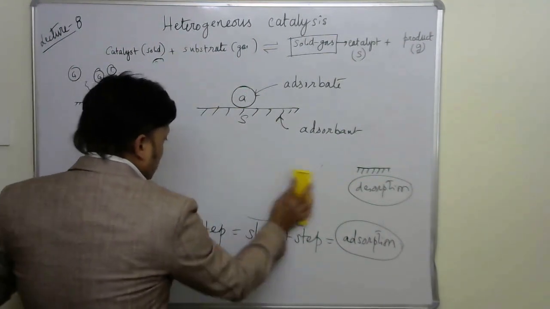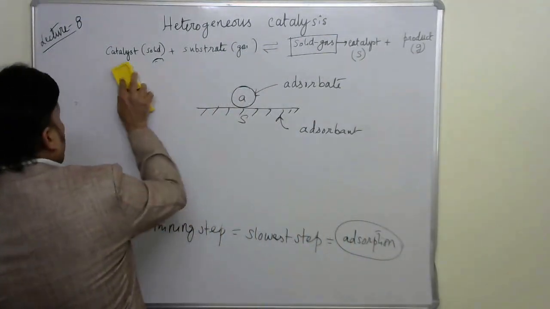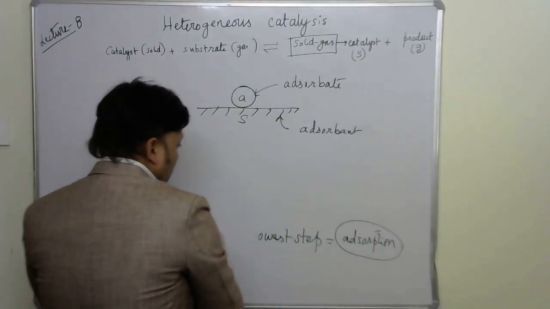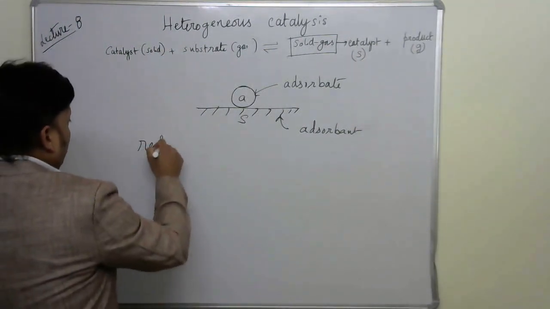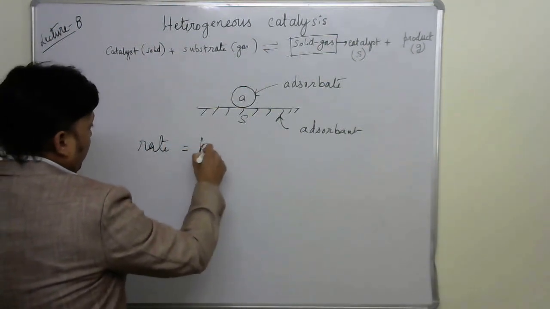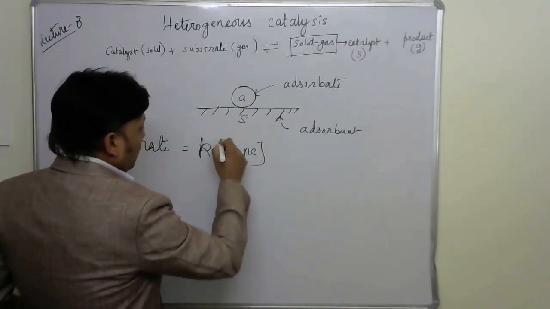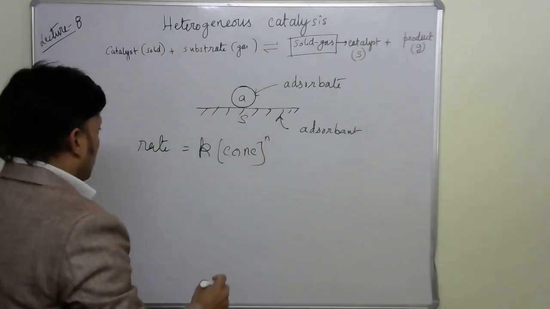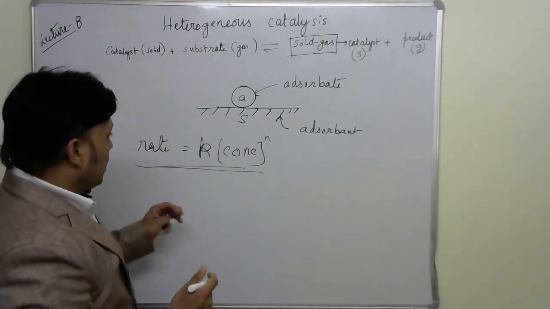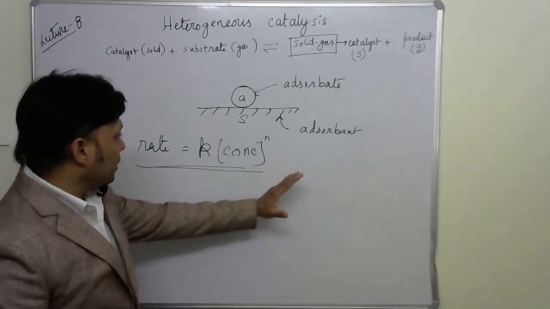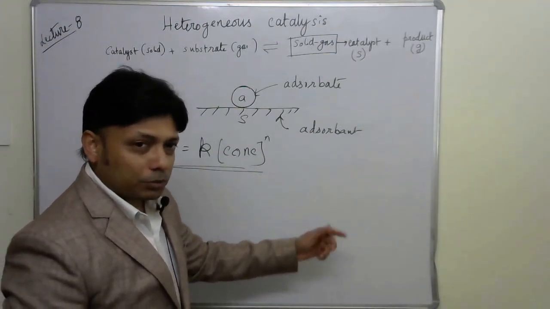Now we have to study a little bit the process of adsorption. For any rate law, for example, we have rate equal to some rate constant multiplied by some concentration term to the power n, or whatever. We are familiar with this kind of expression. Now the question is, the heterogeneous catalysis has to be expressed in terms of adsorption.